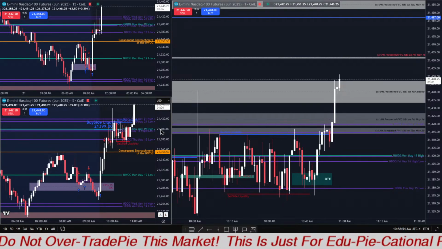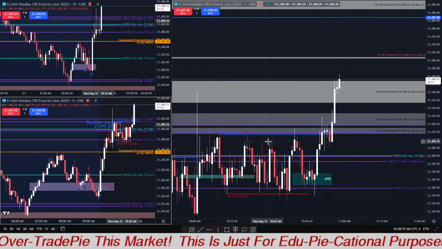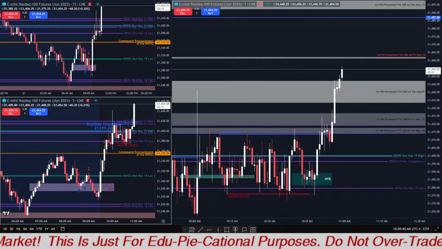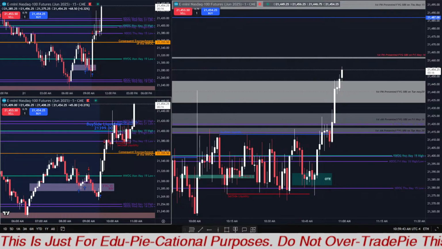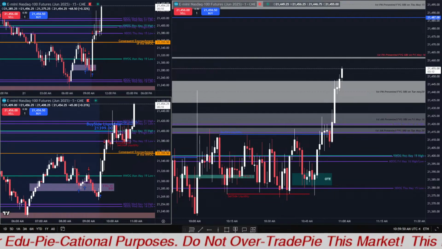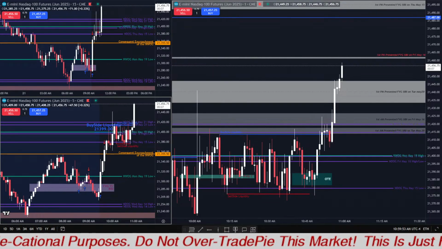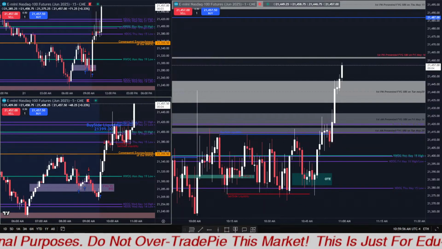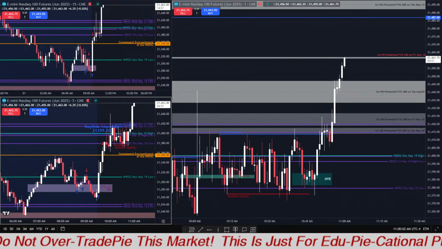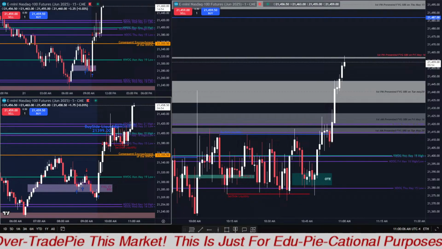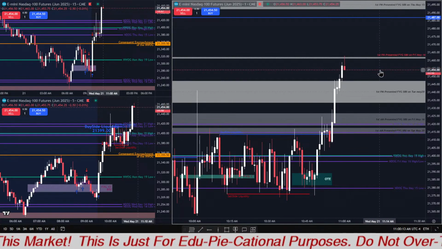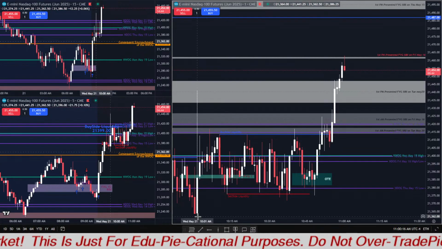If you are patient enough to see where the market goes, you can see the first projection of this range over here, that is the first presented fair value gap, has also been delivered.